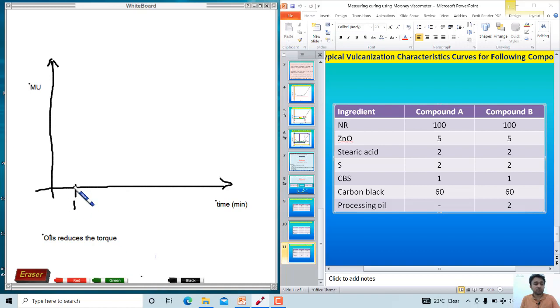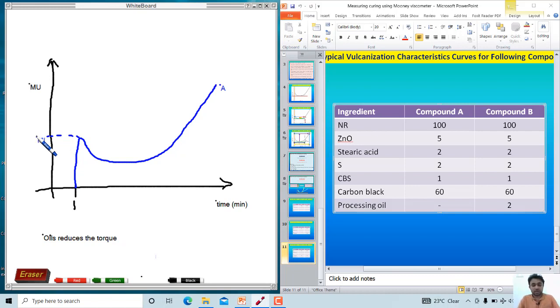We'll draw the first curve for compound A. It should show somewhat initial torque, then the minimum, and it will show this type of curve. It contains 60 phr of carbon black. Now we have 2 phr of processing oil in compound B. Definitely the MI values should be less.